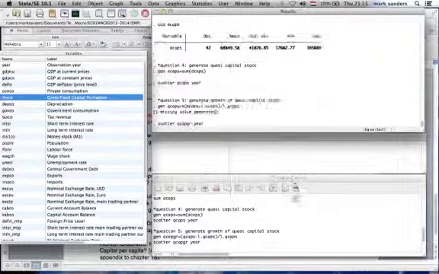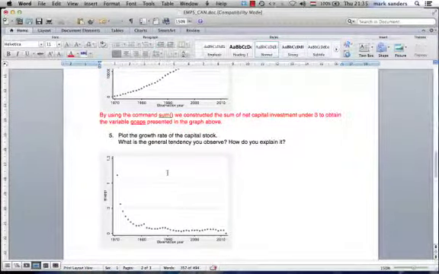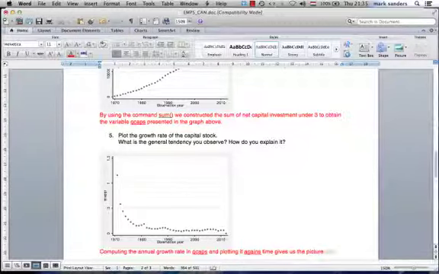There it is. And we can copy that into the picture. Computing the annual growth rate in Q caps and plotting it against time gives us the picture above.